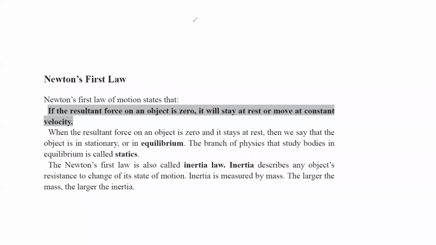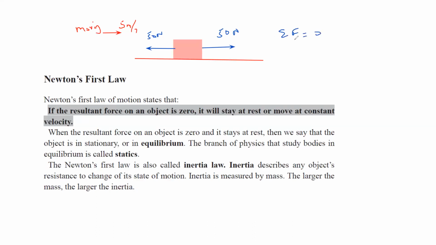In the same way, consider a moving object, moving with a speed of 5 meters per second. Now two forces are acting, but they are balanced forces: 50 Newton on the right and 50 Newton on the left. If the forces are balanced, the resultant force is 0 on a moving object.